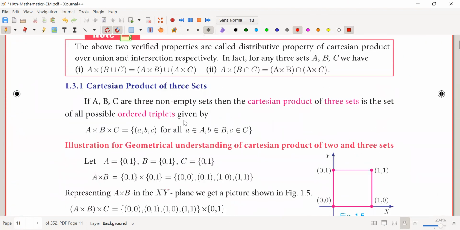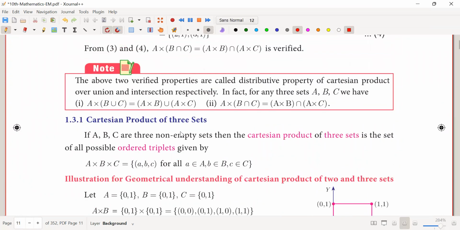Okay. Now let's check with Cartesian product. This is a property. What we went through now is actually a property using Cartesian union and intersection. There is a systematic property using difference also.